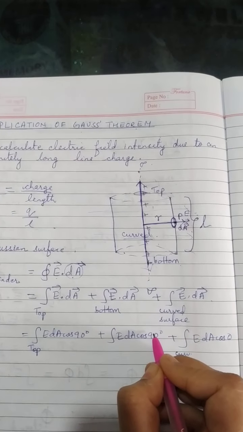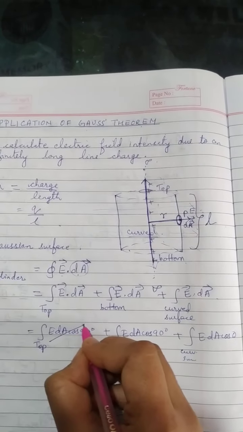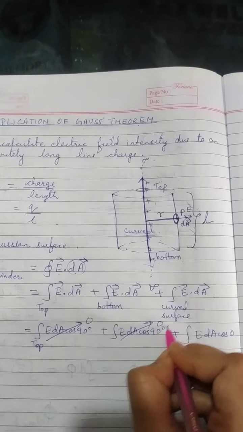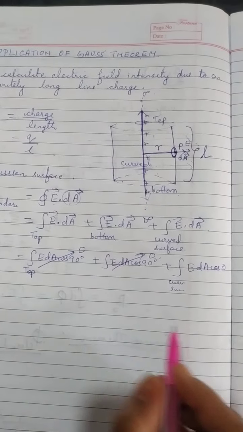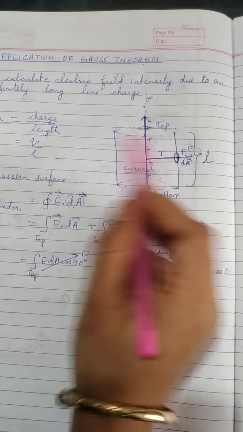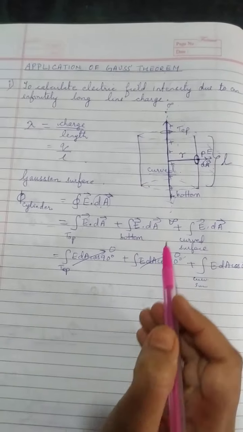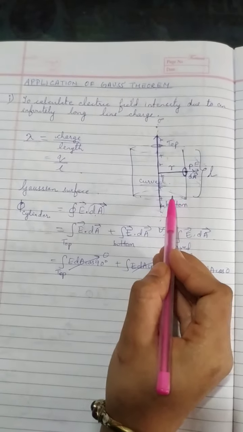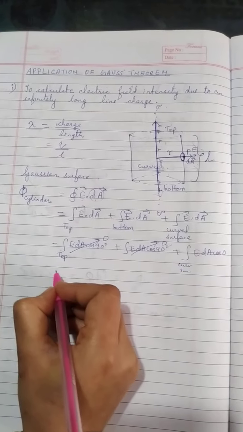Cos 90 comes to be 0, so that entire term will be equal to 0. So the electric flux will be only because of the curved surface, because for the other surfaces the terms get cancelled out because of the angle.